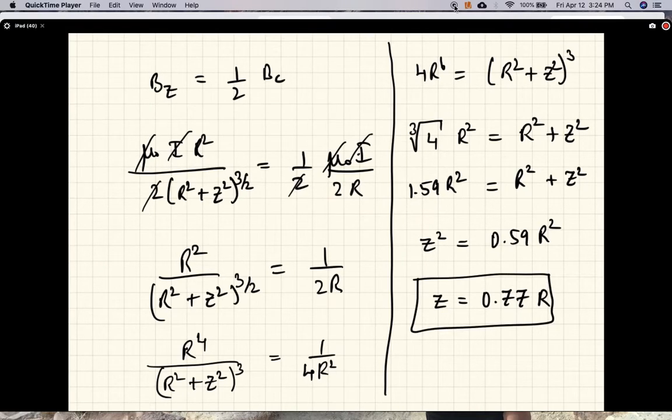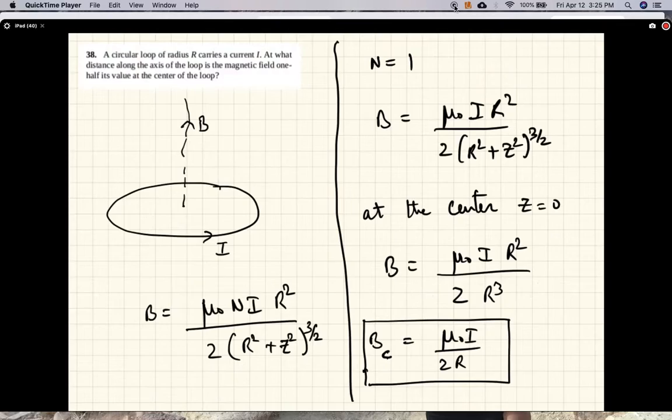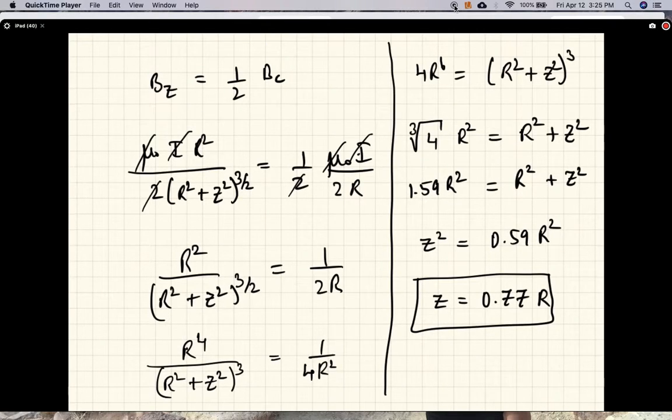So when z is 0.77 times r, the value of the field there will be half the value at the center. Half the value of the field here, the field there is half the value at the center. That's what we've solved for. Okay, that finishes that problem.